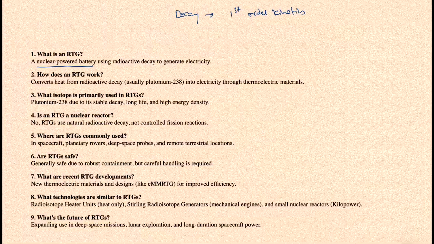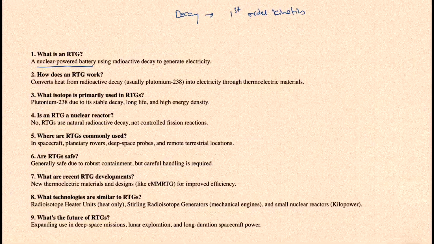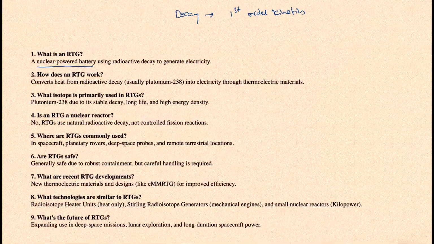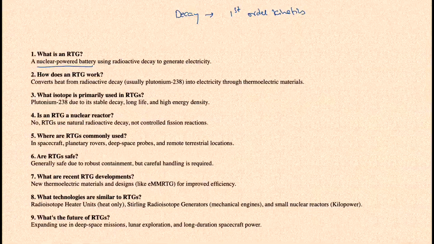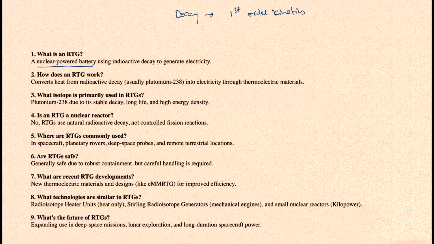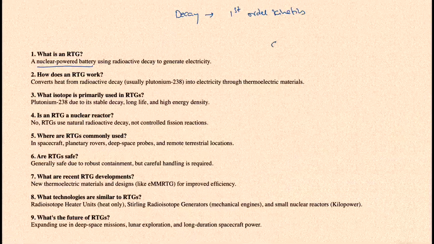So this is a battery which utilizes this radioactive decay to generate electricity. So how does it generate electricity? It is based on the working principle of the Seebeck effect.